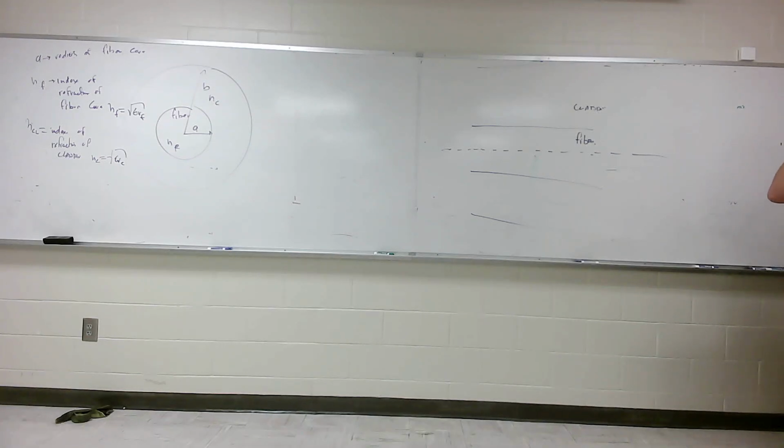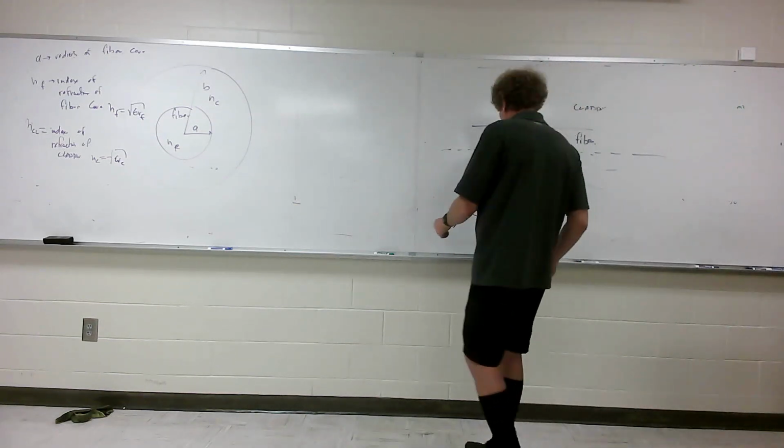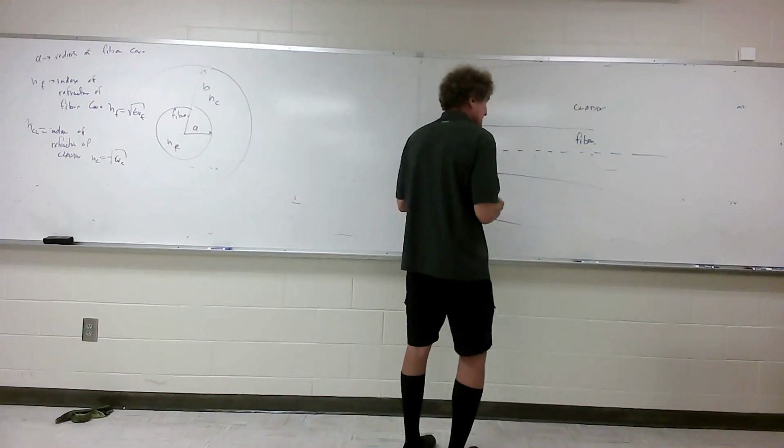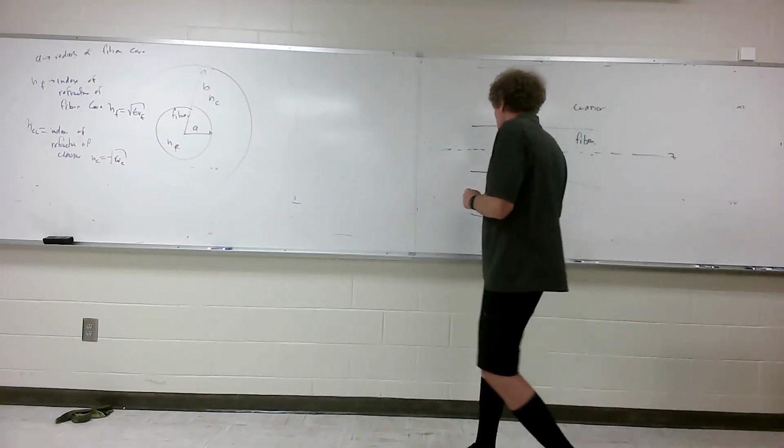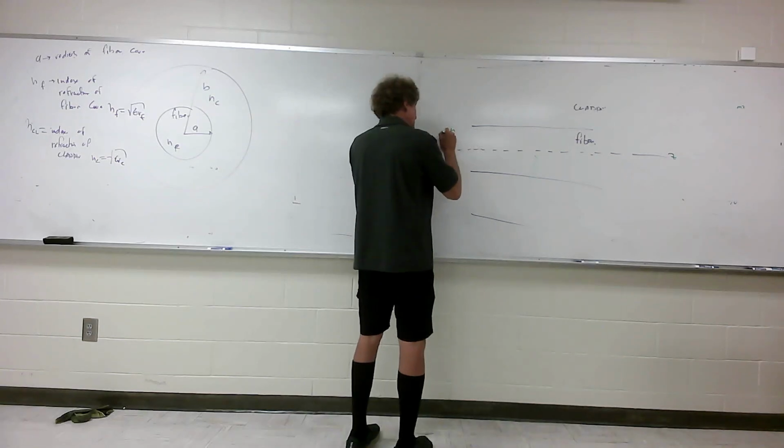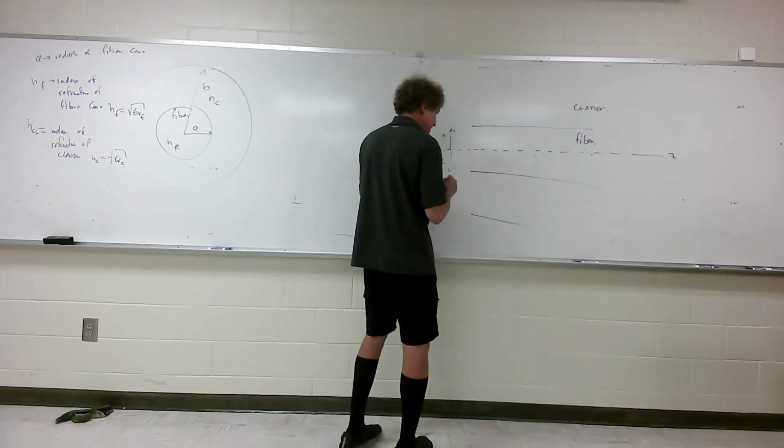Hang on. I'm going to try to be as clear as I can. So what happens is, this is not drawn as well as that line. Okay. This is diameter A of the core.